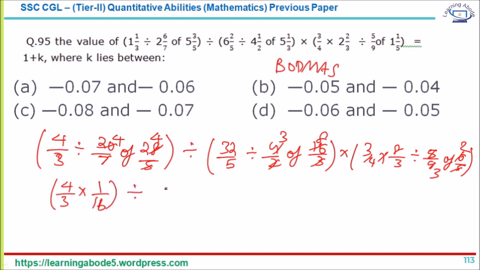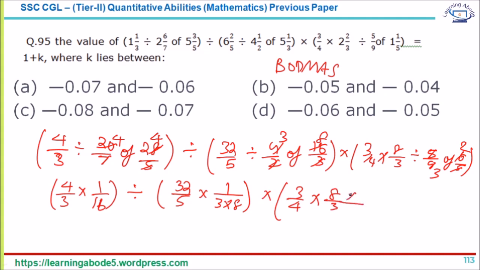Okay, divided by this is 32/5 into 1/3 into 8 into, here it is 3/4 into 8/3 into now 3 and 2.